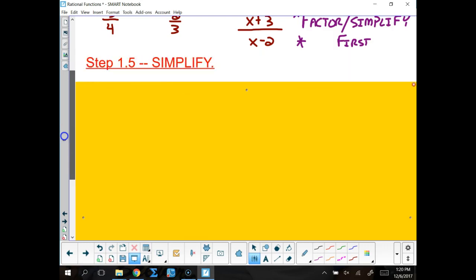So, step number 1.5, and I specifically put it in the 1.5 spot.